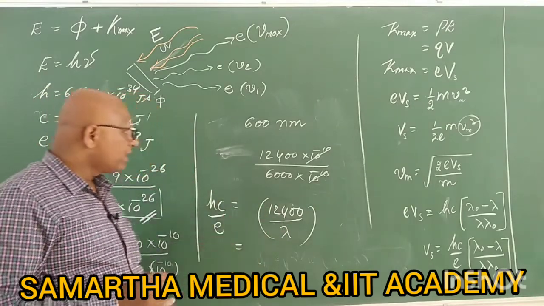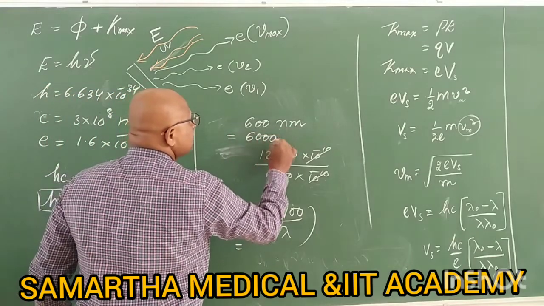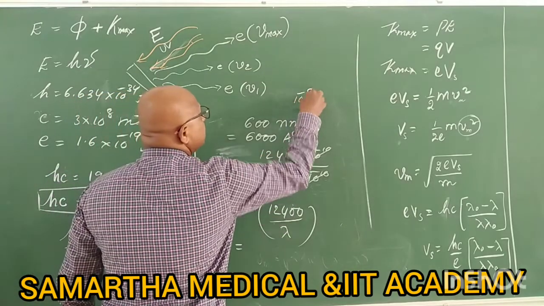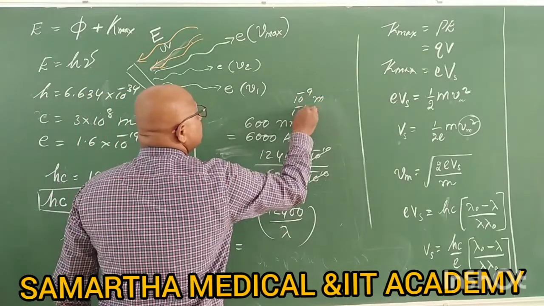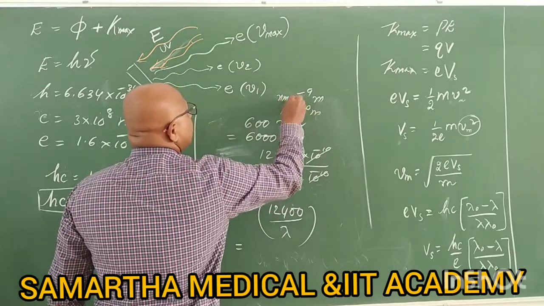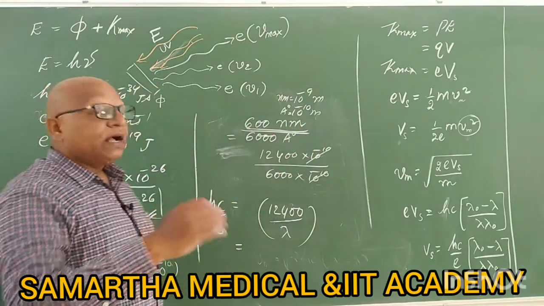If it is 600 nanometer, write it as 6000 angstrom, because nanometer means 10 to the power of minus 9 meter, angstrom means 10 to the power of minus 10 meter. You should convert nanometer wavelengths into angstroms.